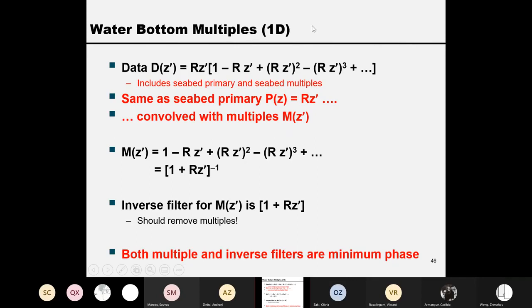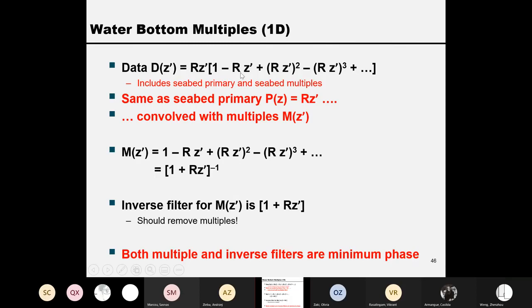It is interesting to see that this seismic trace is a convolution of the primary with a multiple filter, a filter of multiples, right? The filter of multiples is a polynomial.